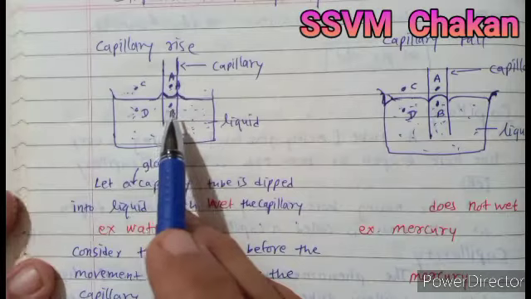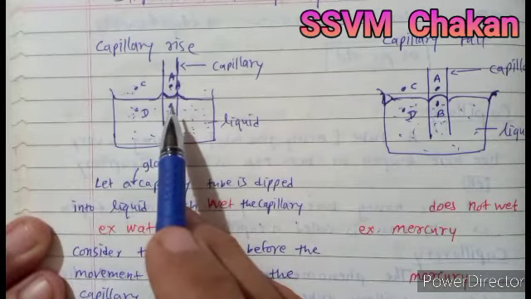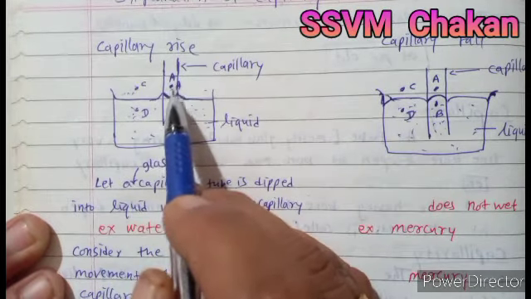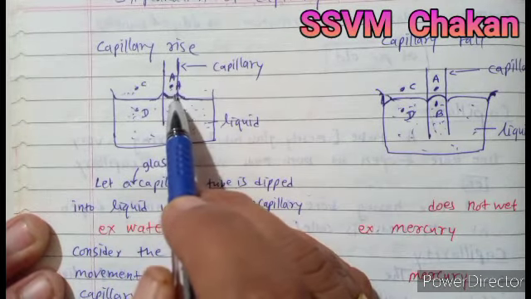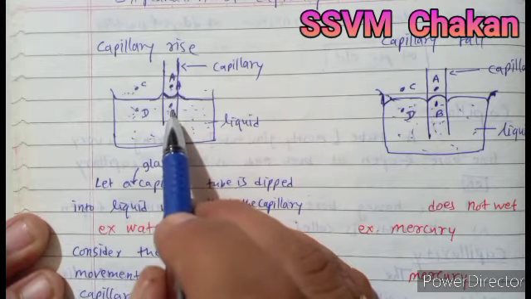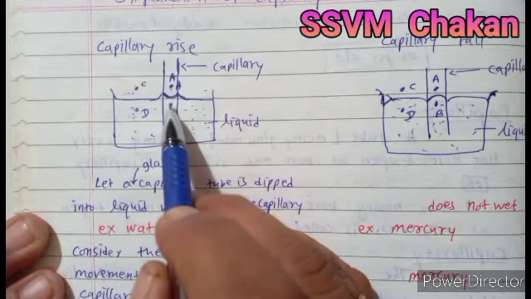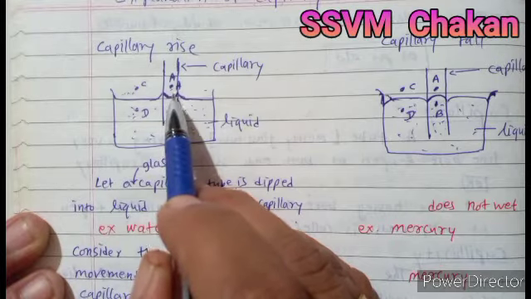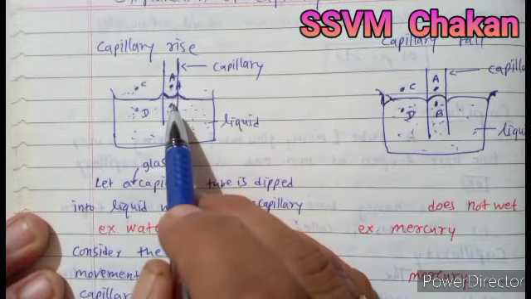Capillary rise. We consider 4 points. First, inside the capillary, above the free surface present in the capillary. Second, also inside the capillary but just below the free surface of the liquid in the capillary.